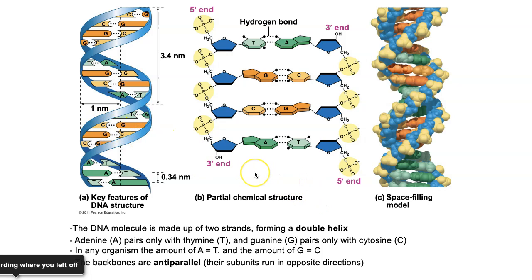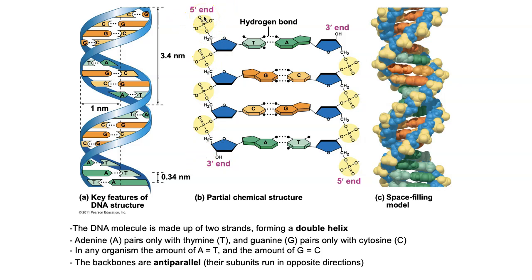Okay, the other important thing about DNA is that it is anti-parallel. Anti-parallel. So what does anti-parallel mean? Well, we see that the two strands of DNA have directionality. One end is said to be a 3' end and the other is said to be a 5' end.